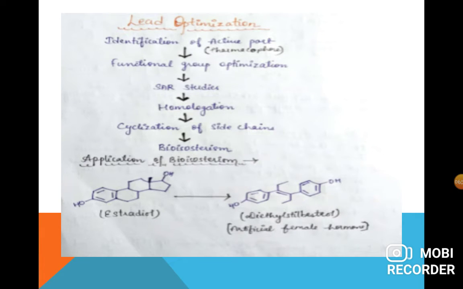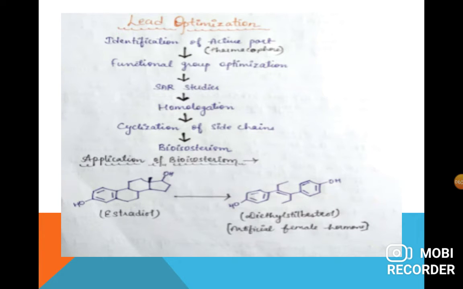By increasing the chain of the compound or decreasing the chain of the compound, we can affect the enhancement or decrease of activity. Next, cyclization of side chain. The side chain also affects the whole parent molecule's activity.